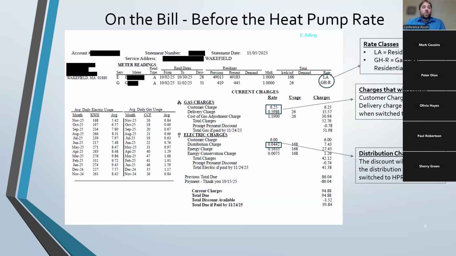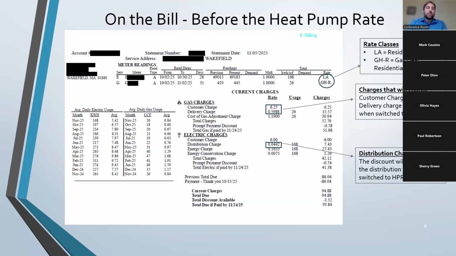So here, this is actually looking at the bill and how it will look. This is before the heat pump rate, and this example is specifically looking at the situation where you keep your gas. In the meter section up top, all the way to the right, it shows what current rate you're on.